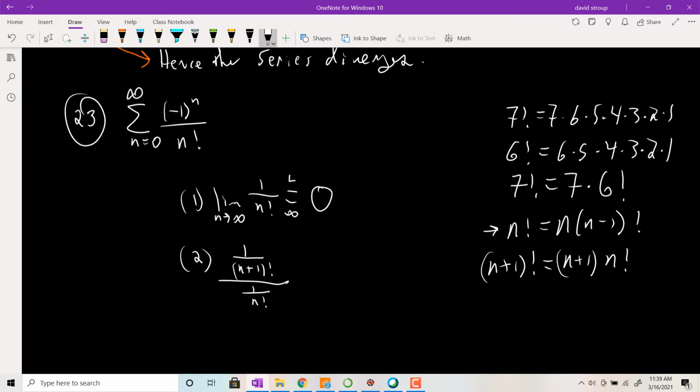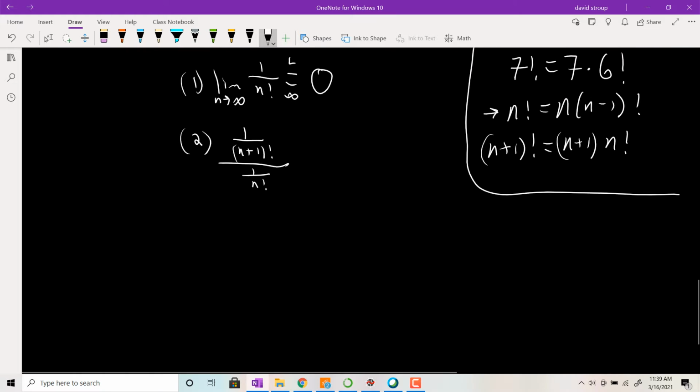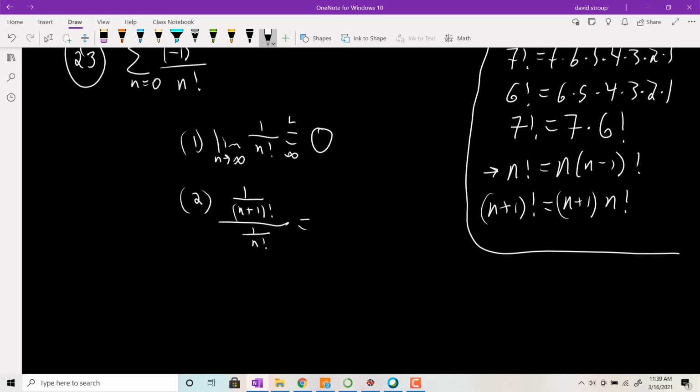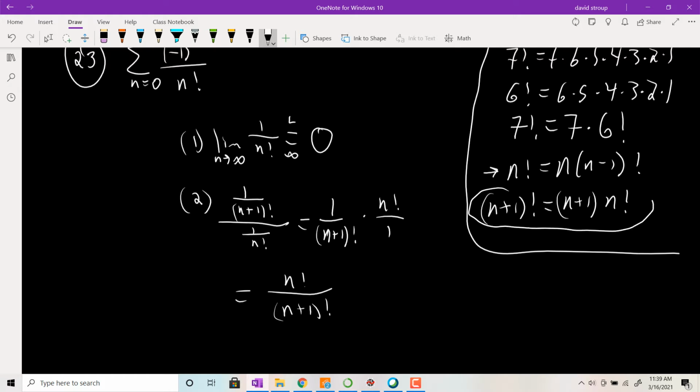And so I can use that idea to simplify my factorial expression here in step 2. The complex fraction turns into multiplication by reciprocals. And then I have n factorial all over n plus 1 factorial. And then you could use this definition here to rewrite the denominator.